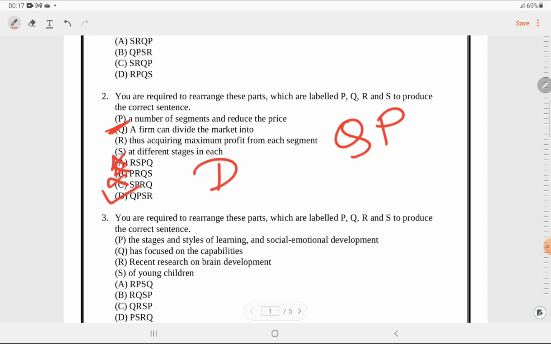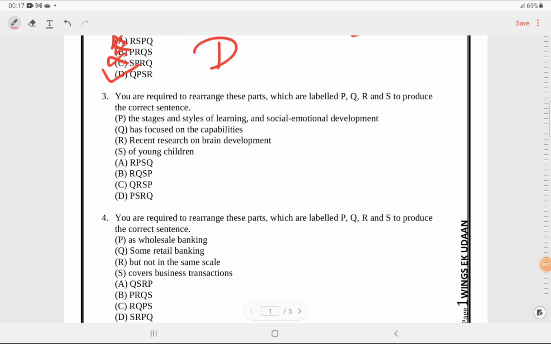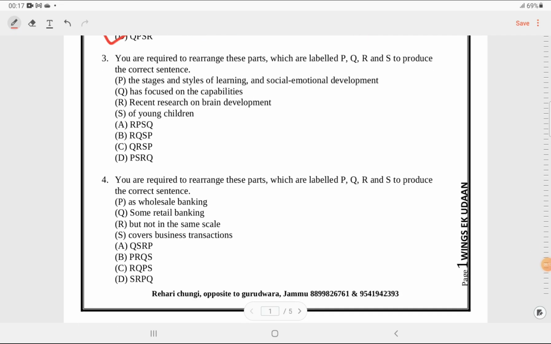Third one. The stages and styles of learning has focused recent research on brain development. So the first chain which I have is R. Now what can come with R? Recent research on brain development has focused on the capabilities.